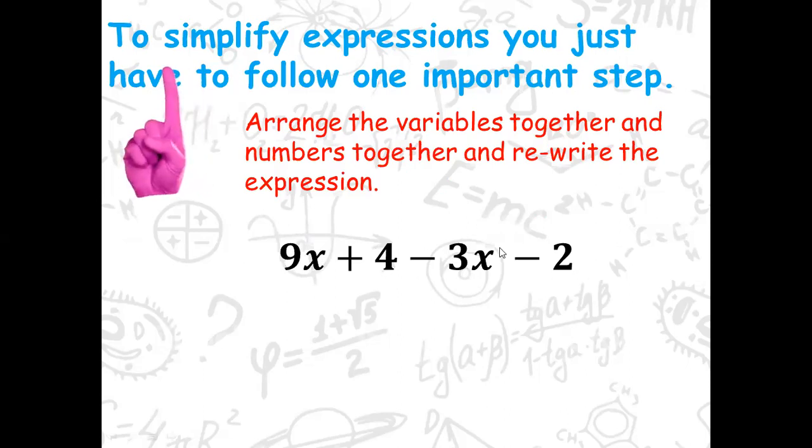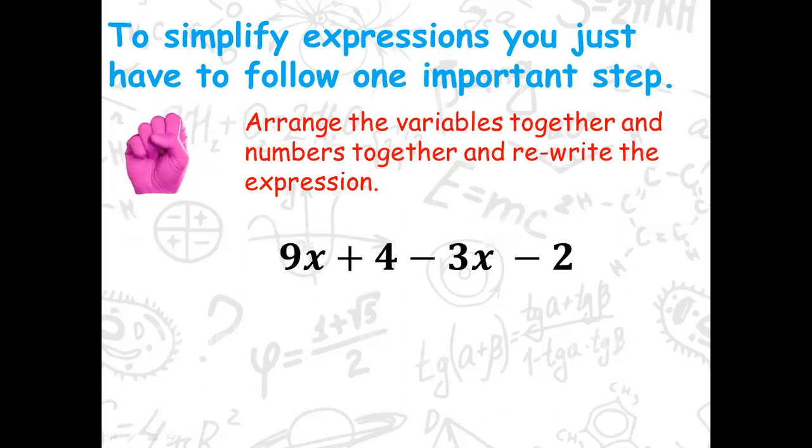But also remember, in the previous video for evaluating expressions, we learned that the sign which is in front of the number belongs to the number. Here there is no sign, which means it is positive, and the positive sign is with 4, so the positive sign belongs to 4. Then the negative sign belongs to 3x, and the negative belongs to this 2.